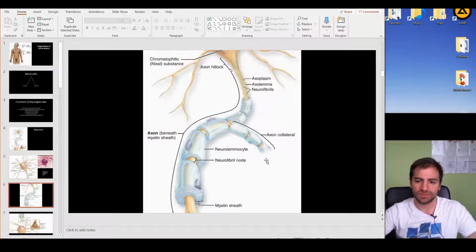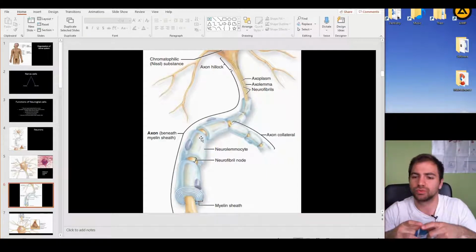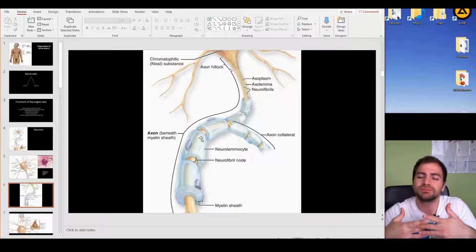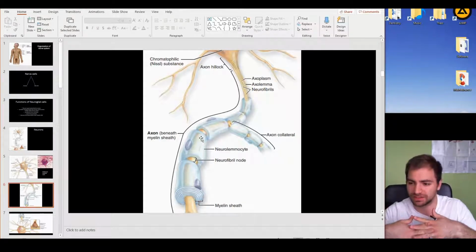So let's focus a bit more on the axons when it comes to the sheath. Now this myelin sheath, what is this? This is nothing more than just a cell product, specifically from Schwann cells. Schwann cells produce it in the PNS, and the oligodendrocytes produce the myelin sheath in the CNS. We'll discuss these cells in a bit.